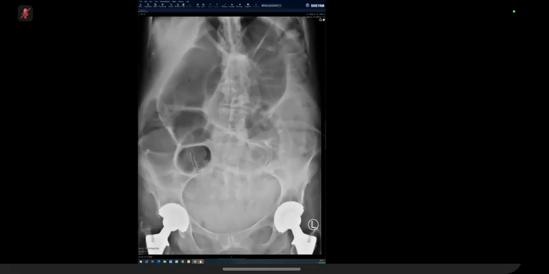If the right colon is dilated, the obstruction would be distal to this site. Yeah. So the dilatation would be proximal or distal to the level of obstruction? Obstruction is distal to the level of dilatation. Obstruction is behind the dilatation.